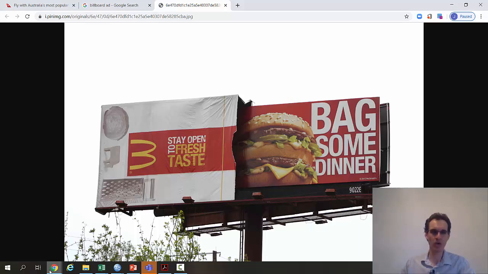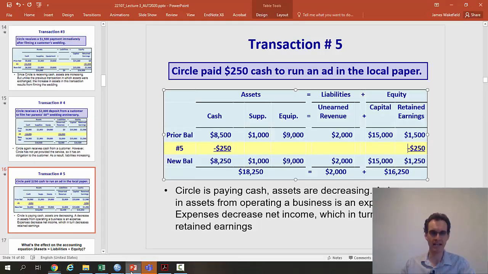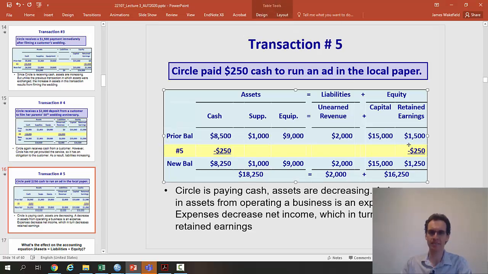And there's an accounting principle called the conservatism principle, which again we looked at in week 1, that says that if we are unsure about whether or not we should expense something, or unsure about the nature of expenses and how much they actually are, then we should expense them, right? So we are not sure how long the McDonald's ad will have an effect on customers' buying behavior. Therefore, we expense the whole amount at the time that amount is paid, which is why when transaction 5 occurs, we record an advertising expense on that day.